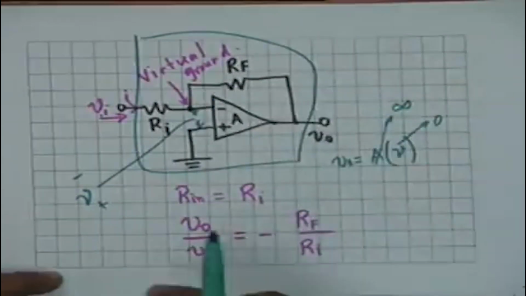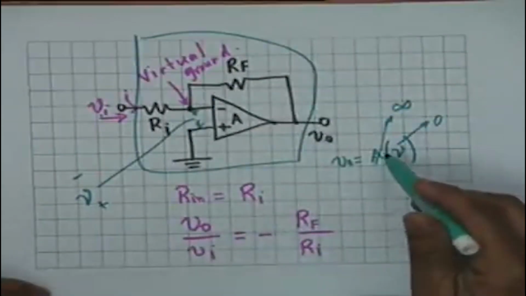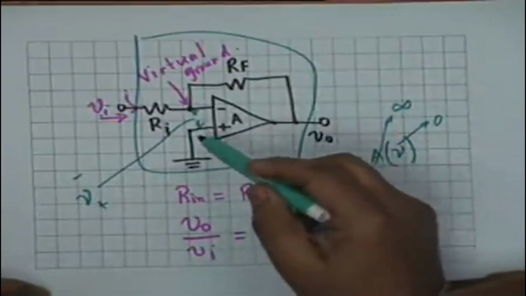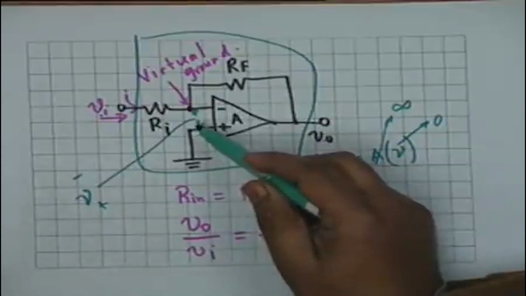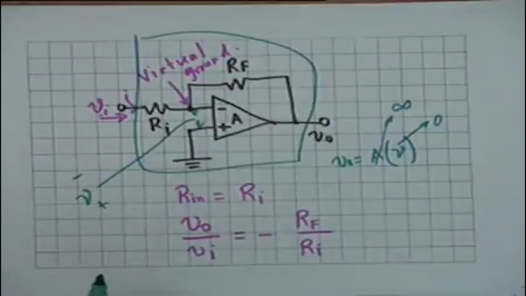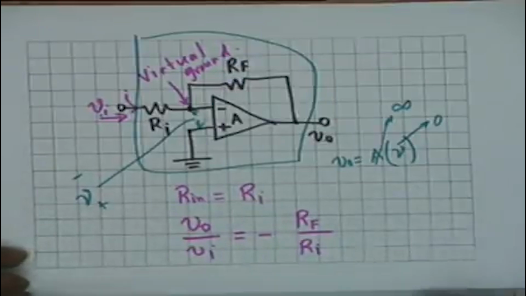The definition of an op-amp remains the same. It is A times the voltage applied to the non-inverting terminal minus the voltage applied to the inverting terminal, and because of our assumption of an ideal op-amp, the voltage between the inverting and the non-inverting terminal is equal to 0. Does that make it clear?